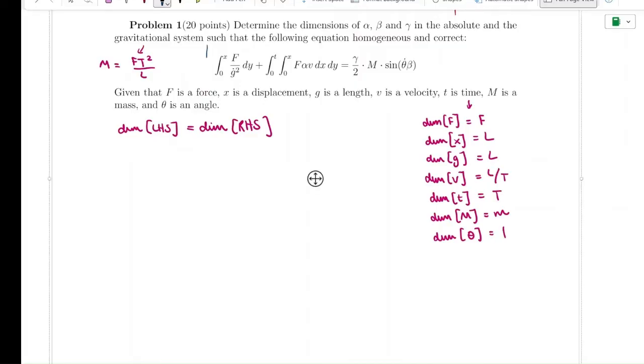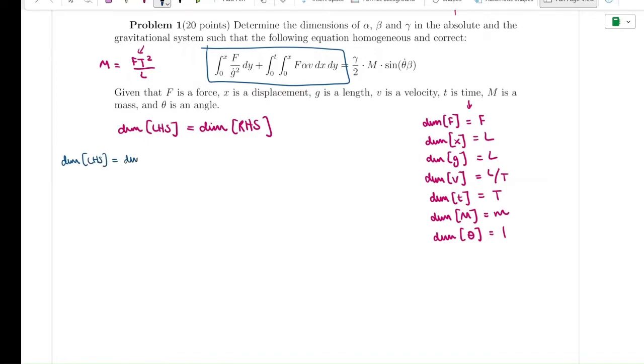Okay, so let's start with the left-hand side of the expression. The dimension of the left-hand side equals the dimension of the integral from 0 to x of f over g dot squared dy. And this has to also equal the dimension of the second term, because how are you going to add two terms with different dimensions, right?